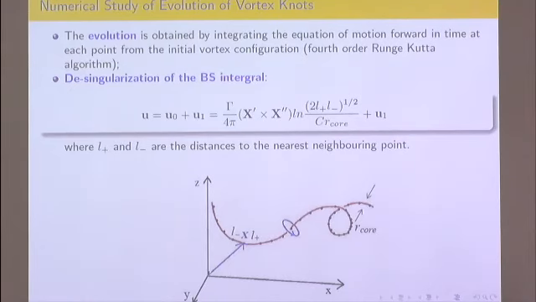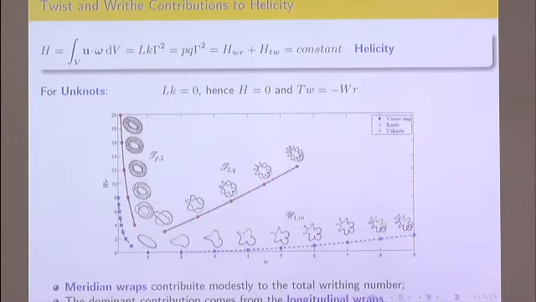In the case of the local contribution, when the two points are the same, the Biot-Savart law is substituted by this localized induction approximation formula, where L plus and L minus represent the two nearest points to the point x at which we are computing the evolution in time. We have tested the convergence in time and in space, and now I will present the general results that we get.